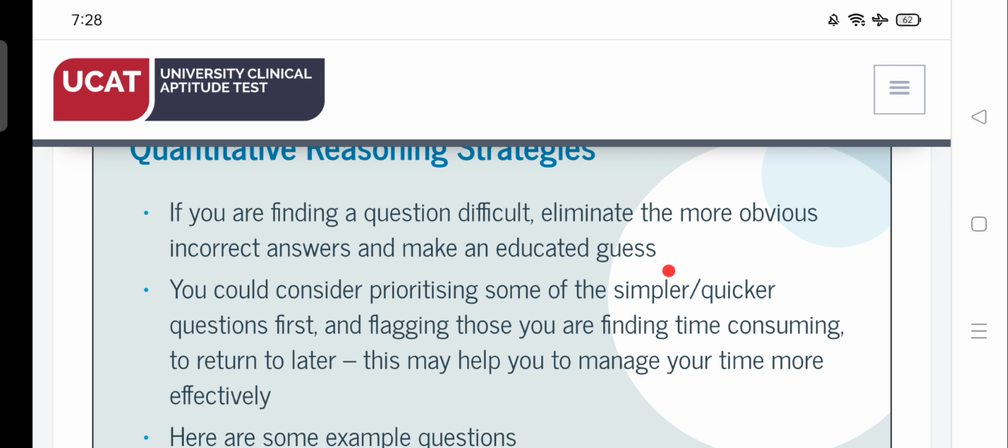You could consider prioritizing some of the simpler or quicker questions first and flagging those you are finding time consuming to return to later. This may help you to manage your time more effectively.